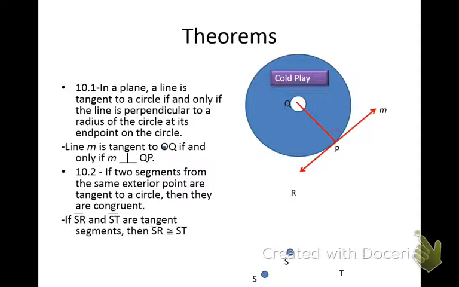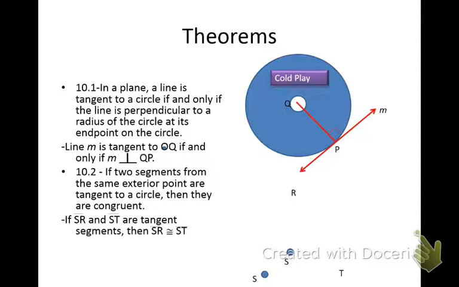If this makes a 90-degree angle, then we know that this line M is a tangent. So tangents are perpendicular to the radius at the point of intersection.